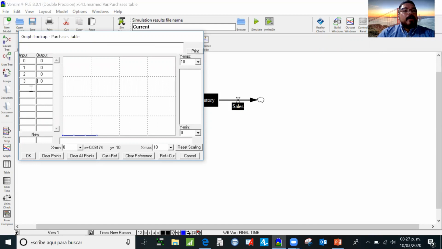And in times 3 and 4 neither, and in time 5, that is week 5, we're going to buy 100 units. Week 6, nothing. Week 7, nothing. Week 8, nothing. Week 9, and in week 10, we buy again 100 units.